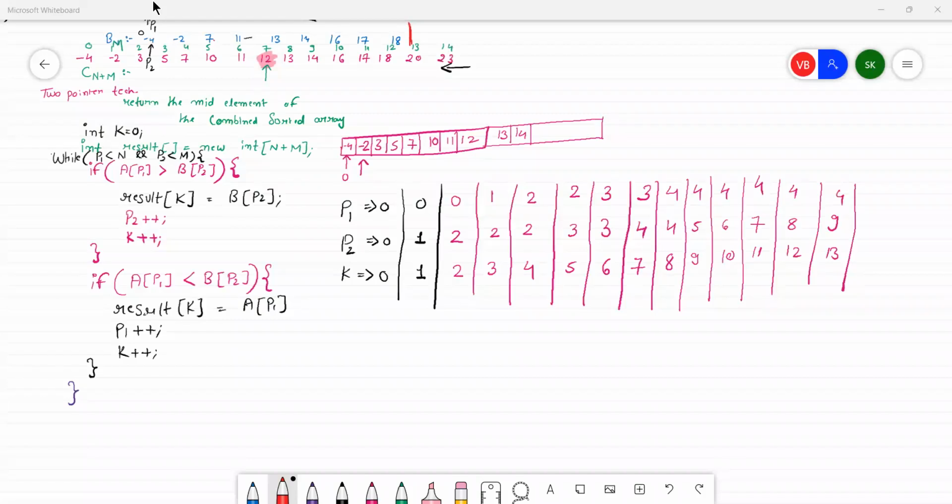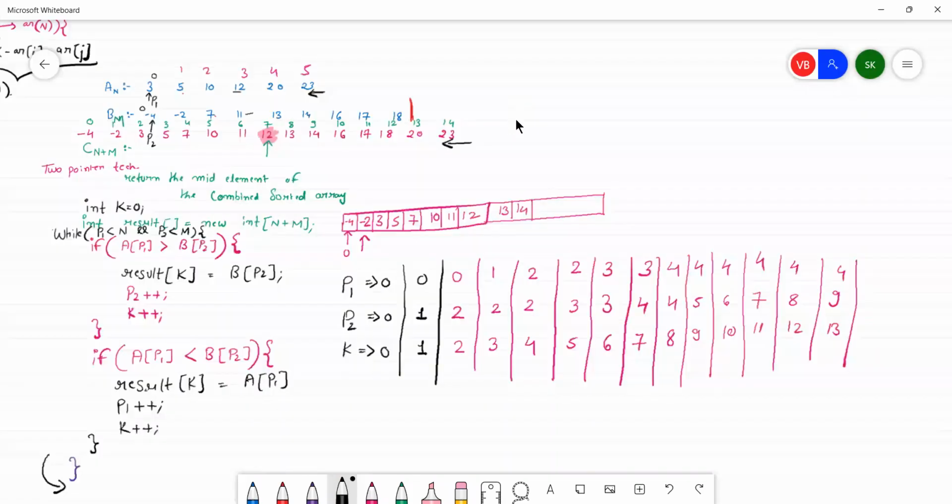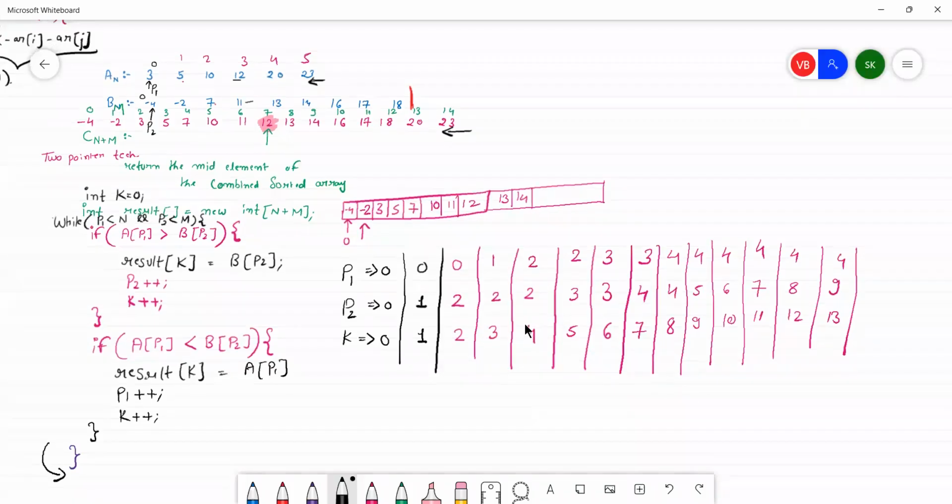Okay, that's great. So now in this case, when it will get out, we still know that there are a few numbers left in array A, yes or no? Yes.